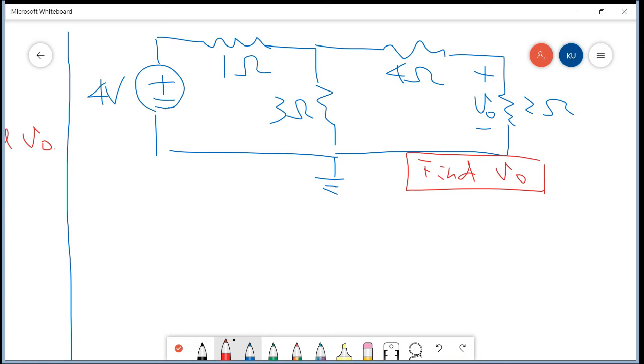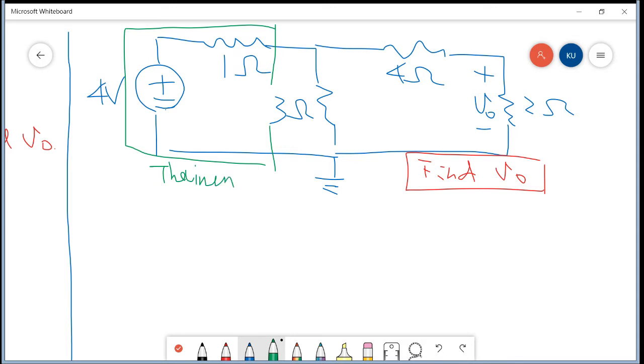Okay. So actually we know that this part is definite. This part is definite. So for method 1, use the source transformation.